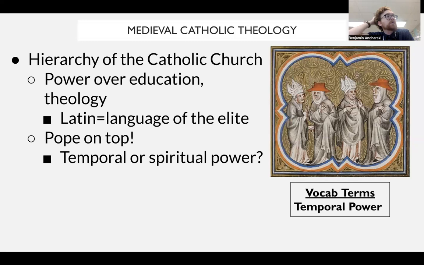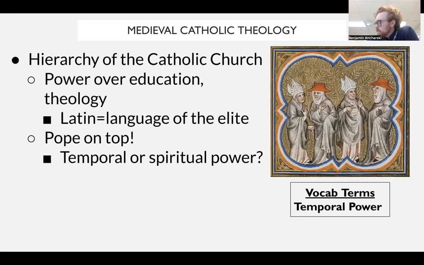So temporal power is the idea of, is the Pope like an earthly figure? Do they have any spiritual power? And most people who say that the Pope only has temporal power are going to say, well, no, the Pope has no power in deciding the fate of people in the afterlife. He's just a guy.